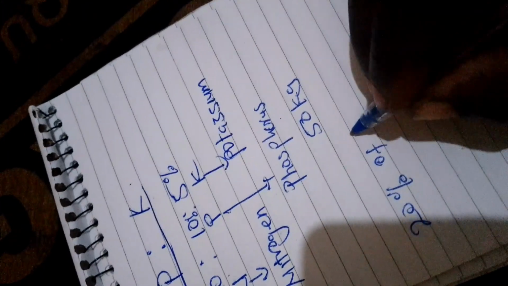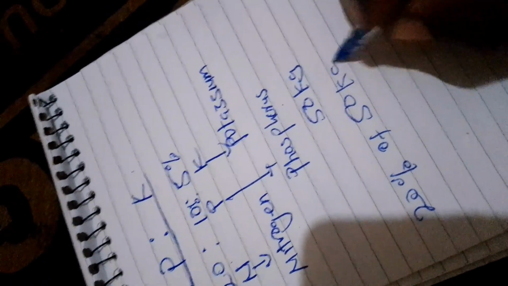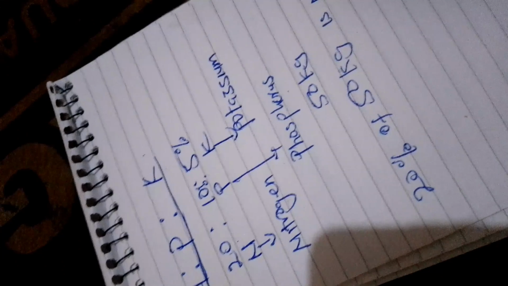Anytime you buy a fertilizer, let's say the weight of the bag is 50 kilos, and then you have these ratios 20:10:5. It means that 20% of the 50 kg is nitrogen.